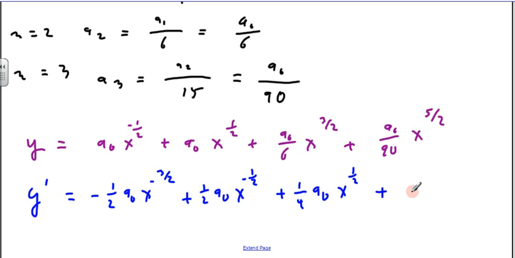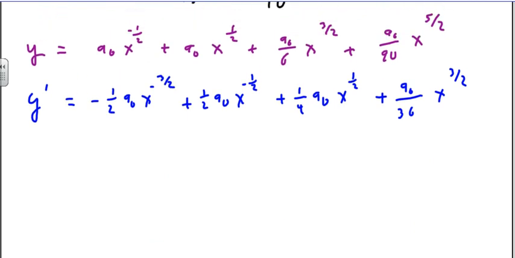18 times 2, so it'd be 90 divided by 18 times 2, which would be 36 x to the 3/2. I'm thinking.